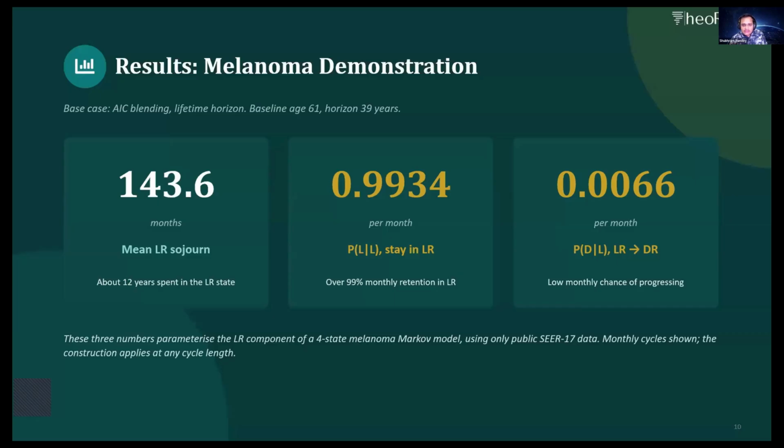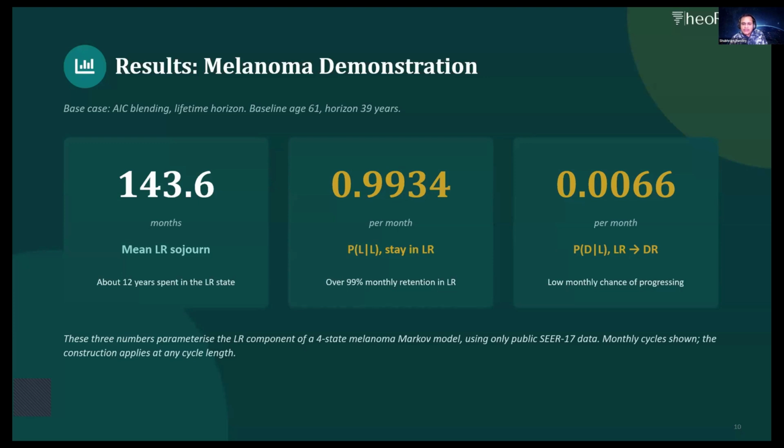After we did all this, here is the result and how the results look. In the base case, the mean time in the local recurrence comes out at about 144 months, roughly 12 years. The monthly probability of staying put is 99.3%, so that is basically where you are staying in the LR state.